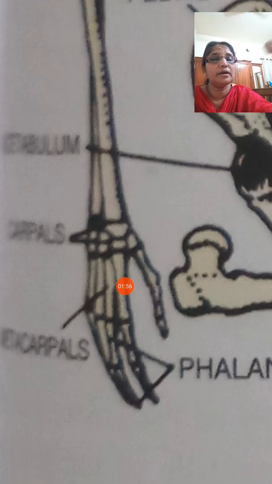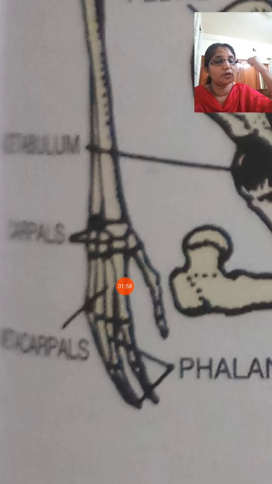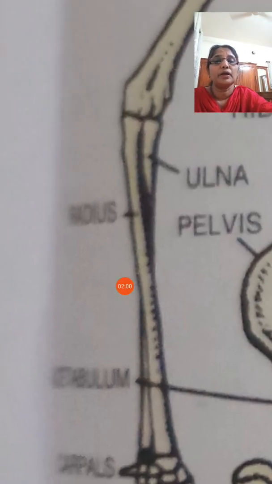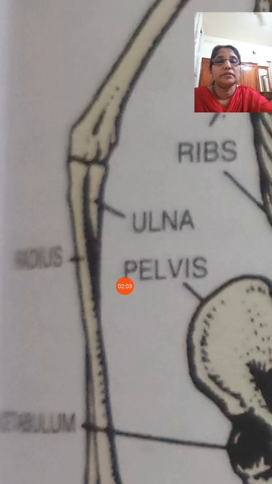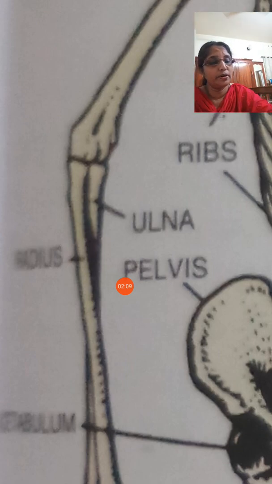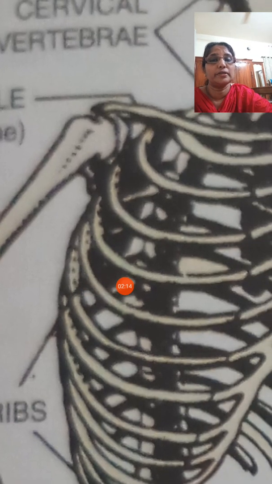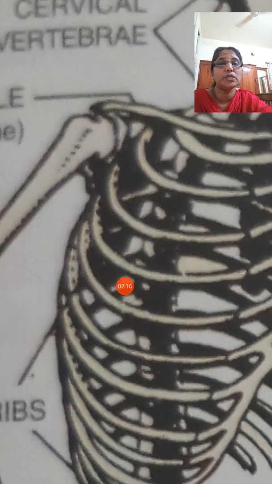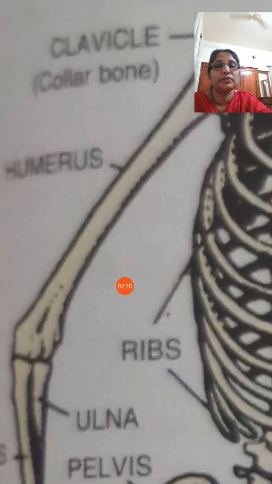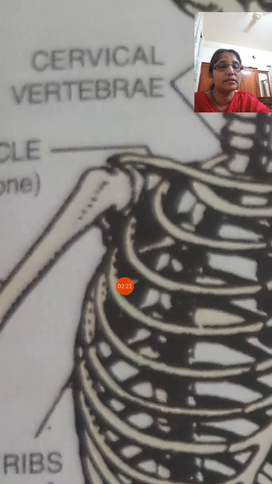Then here at the region of the elbow, that is another example of a hinge joint. Then in the shoulder region you can see the ball and socket joint. The upper part of the humerus is inserted into a hollow known as the glenoid cavity.